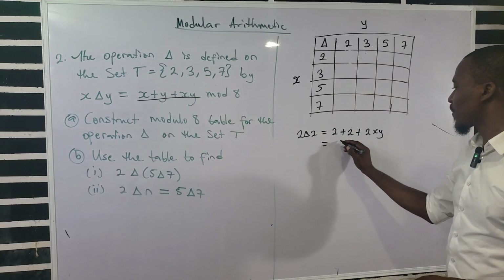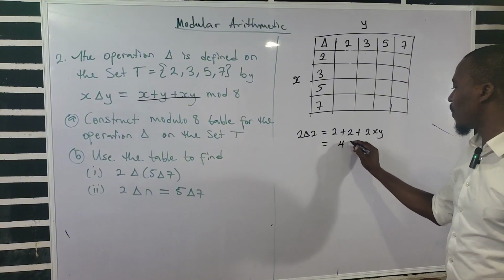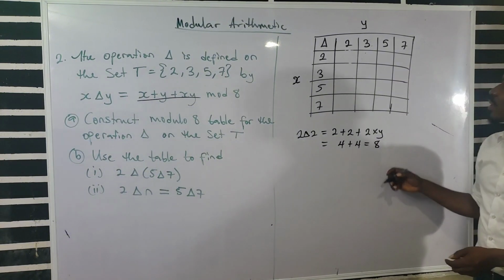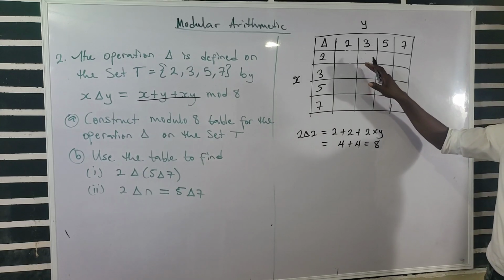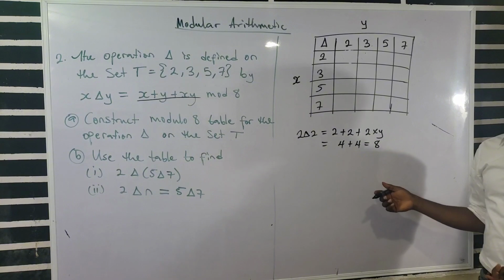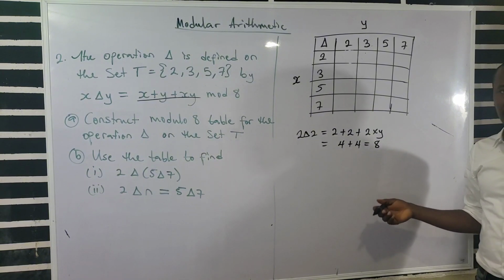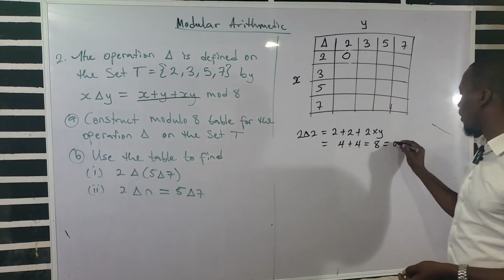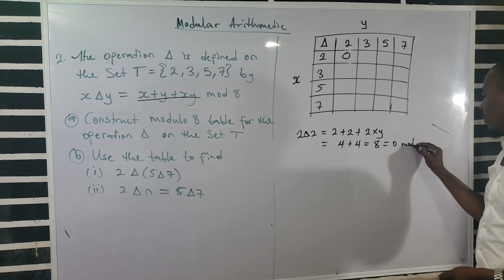So that will give us 4 plus 4, which is equals to 8. But remember, we are carrying out this operation in modulo 8. So 8 in modulo 8 will give you what? 0. So this will give us 0 in modulo 8.